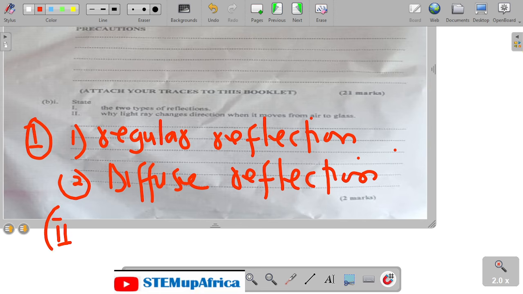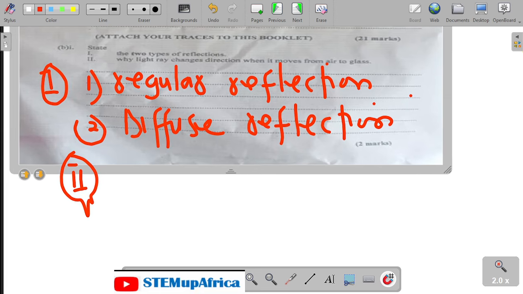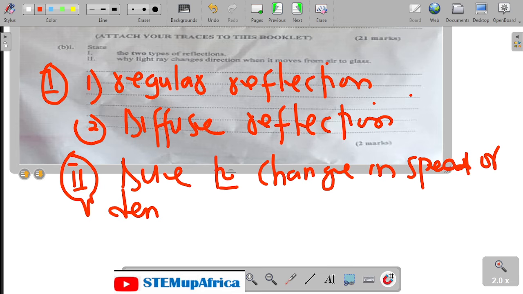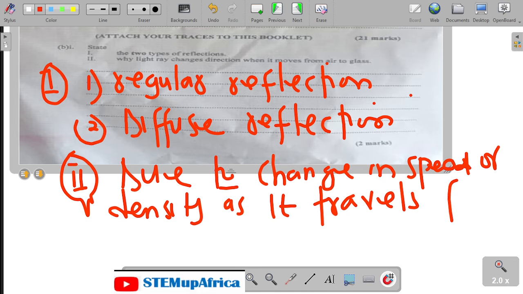Then numeral 2 says, why does a light ray change direction? It's simple: due to change in speed or density as it travels from air to glass.